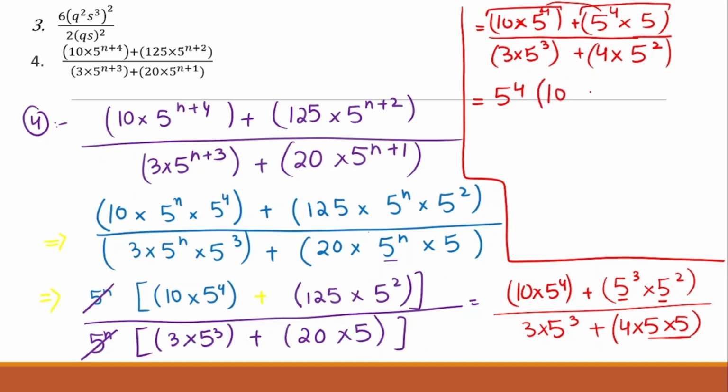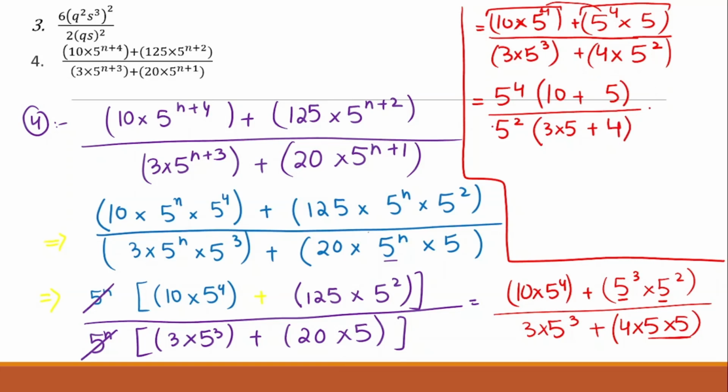So 10 multiplied by 1 is 10, okay, so plus 5 divided by 3, okay, in the denominator you can also take 5 to the power square common, right? And you will be left with 3 multiplied by 5 plus, there is this plus sign here, and 4, simple 4.